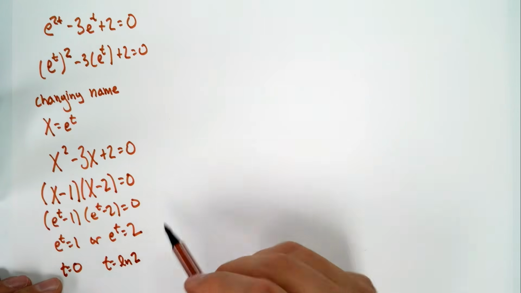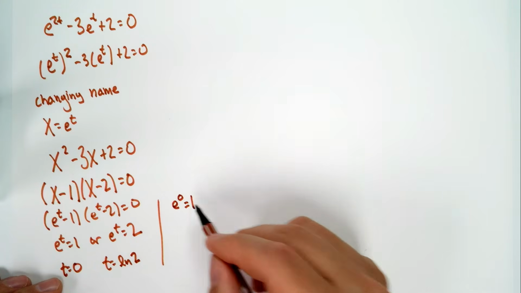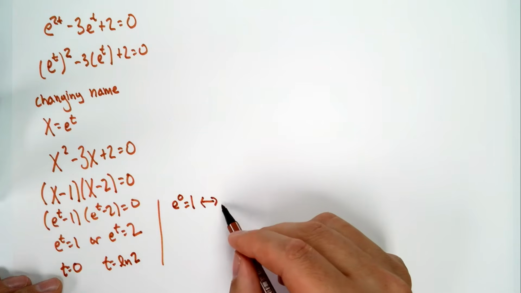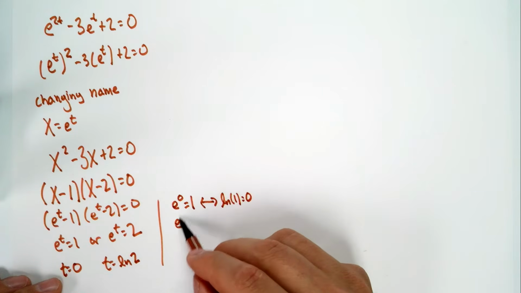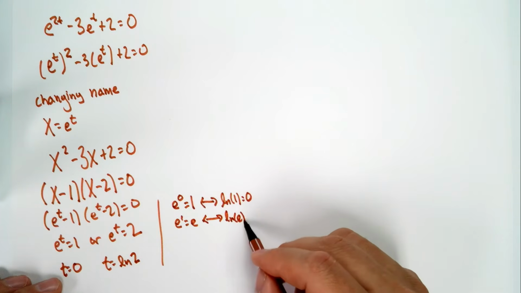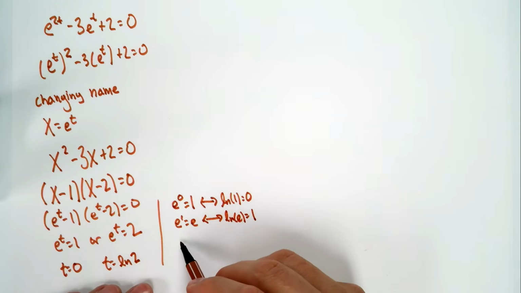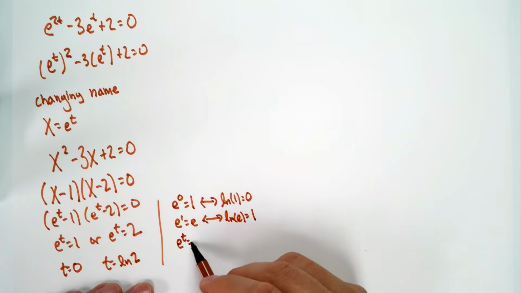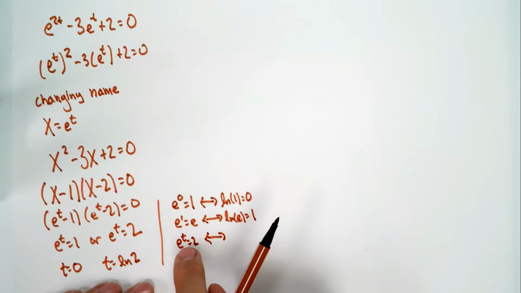Now t equals 0, how do we know that? Well, there are some simple facts. e to the 0 is 1. And this is related to the fact that log of 1 is equal to 0. Of course, e to the 1 is e, which is related to the fact that log of e equals 1. That's not very surprising. And in general, suppose I want e to the t equals 2. I want to get that t outside of the e.